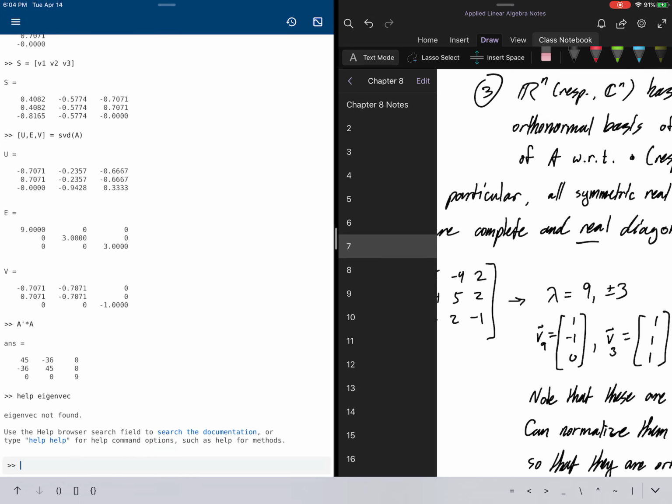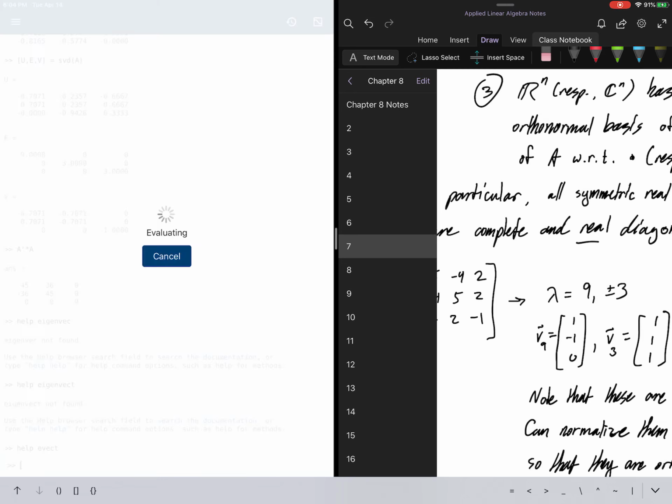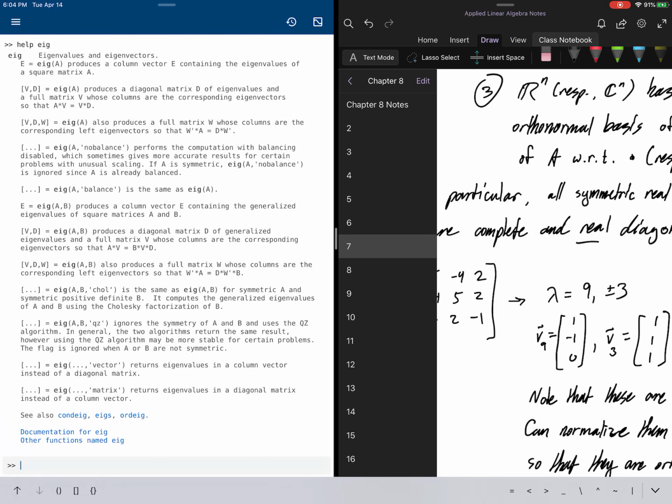I can't remember the name of the function off the top of my head. I'm pretty sure MATLAB has a full eigenvector suite here. Produces D, produces full, okay. Yeah, so actually this is exactly the same function.